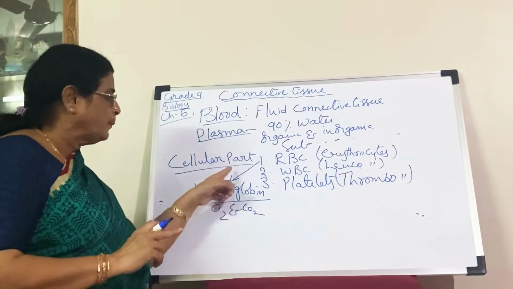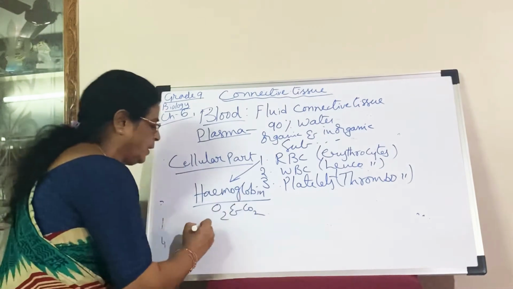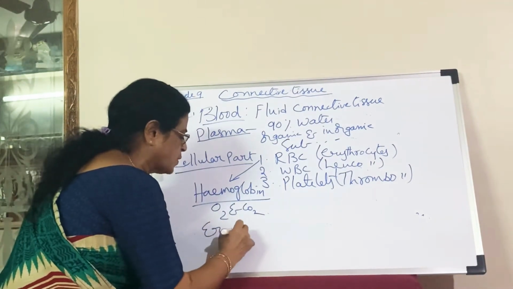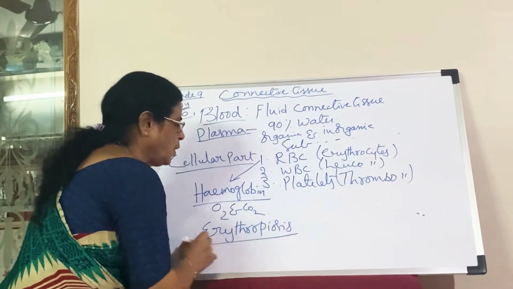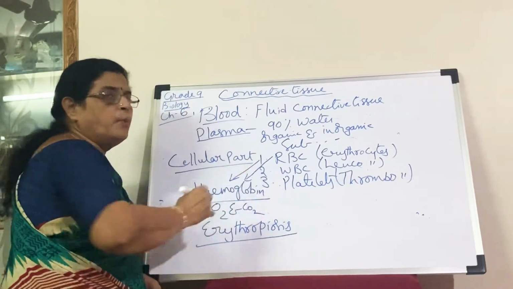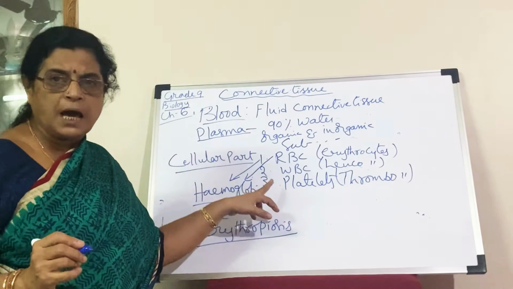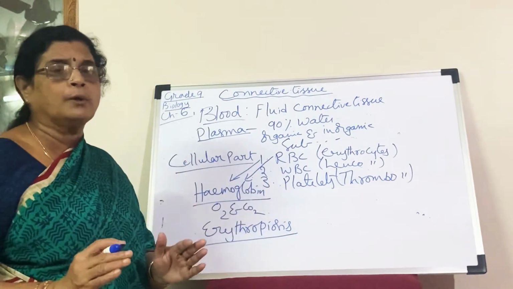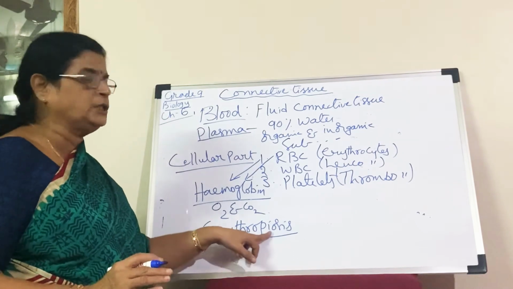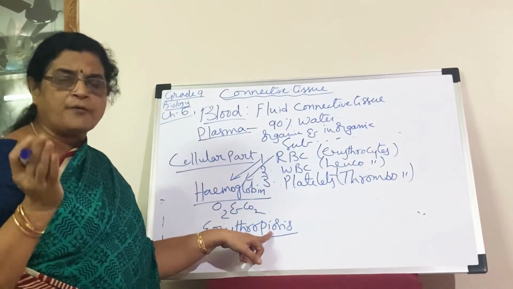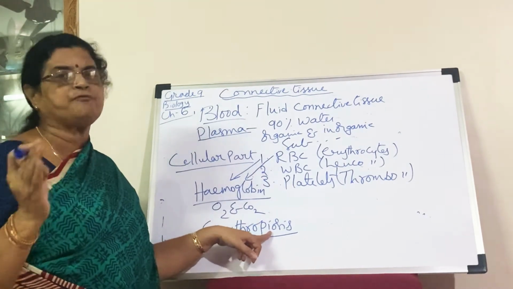And production of this RBC is called erythropoiesis. RBC are produced in the bone marrow, and that production is called erythropoiesis. The number of RBC will differ in male and female.